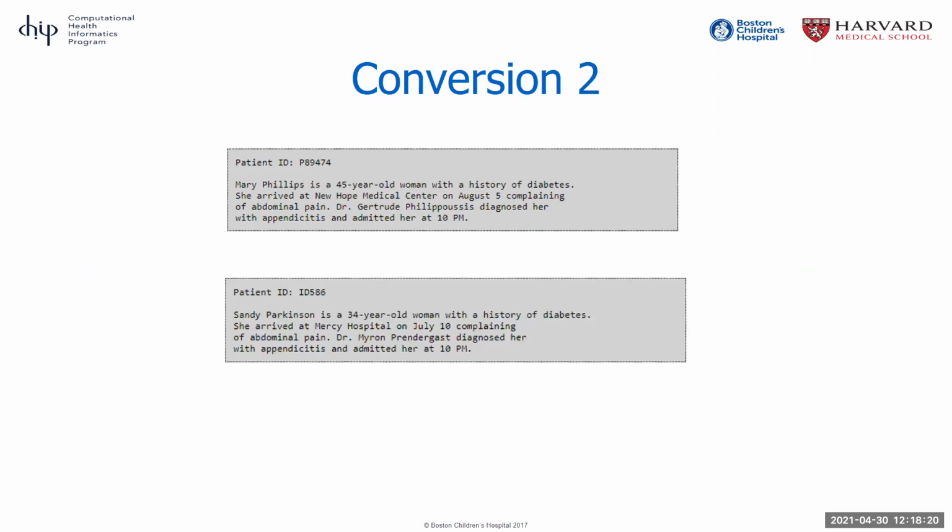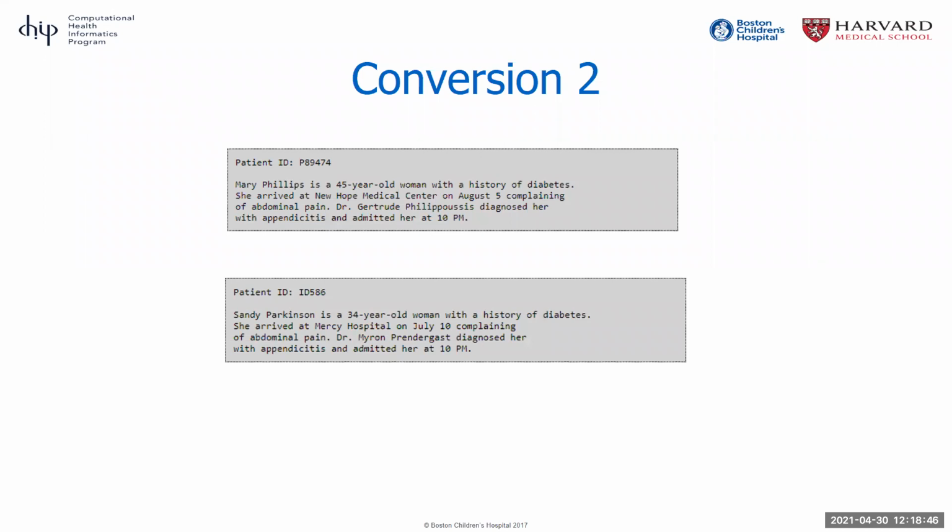The second conversion is that the original PHI is substituted with realistically looking data. So in this example, the name Mary Phillips is substituted by a realistically looking female name, in this case, Sandy Parkinson.